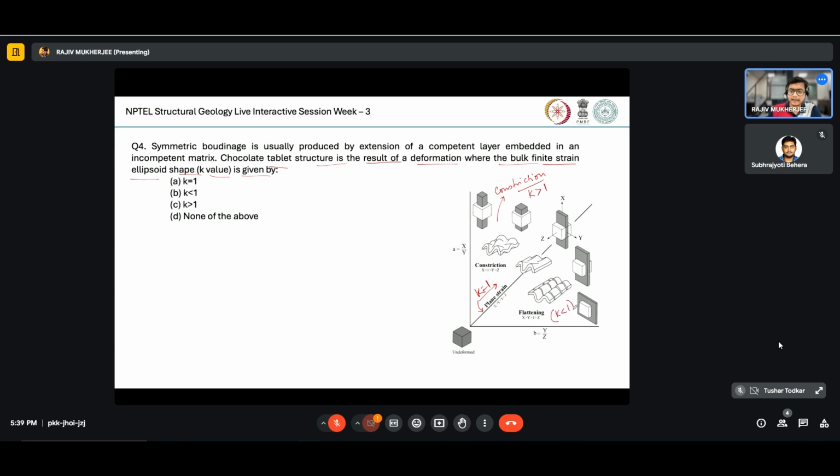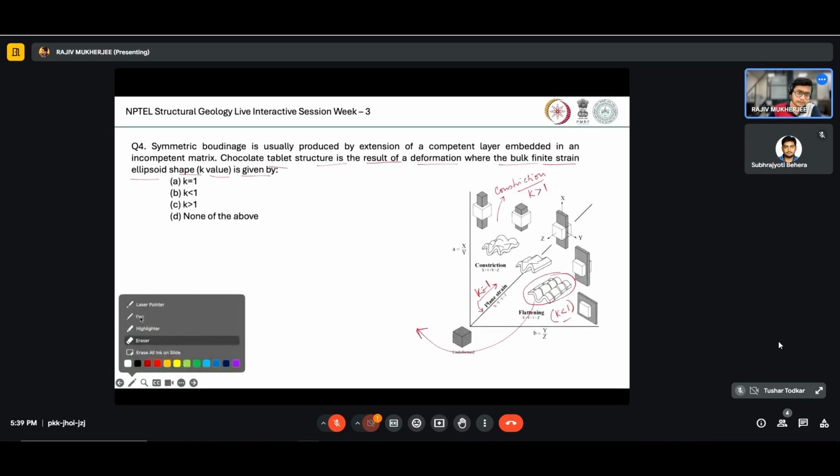And this structure is the chocolate tablet boudinage.